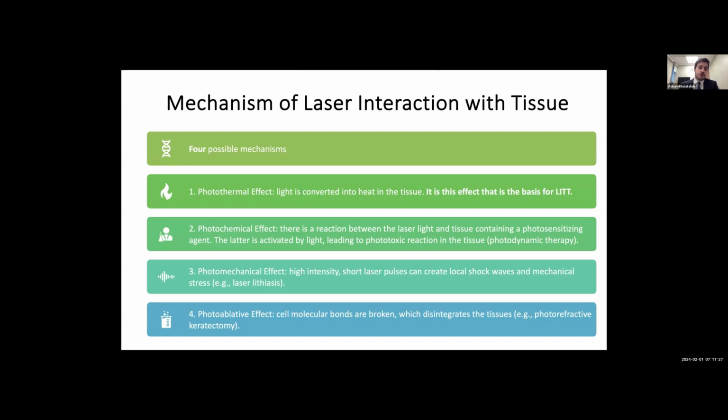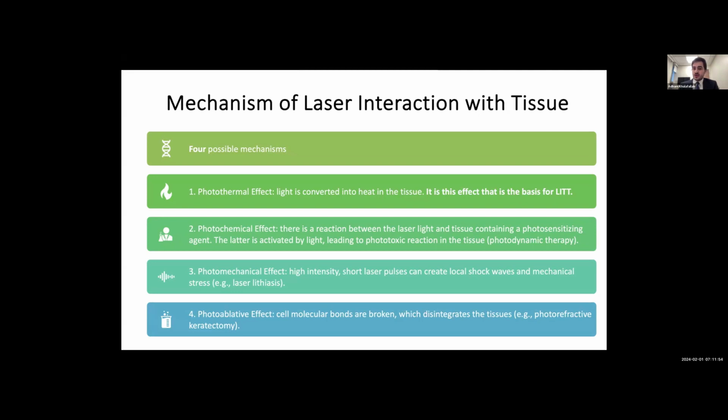There's also the photochemical effect, the interaction between the laser light and tissue containing a photosensitizing agent, leading to a phototoxic reaction in the tissue. There's the photomechanical effect, which is short laser pulses leading to shock waves. And the last is the photoablative effect, where cell molecules are broken down, the bonds actually being broken.